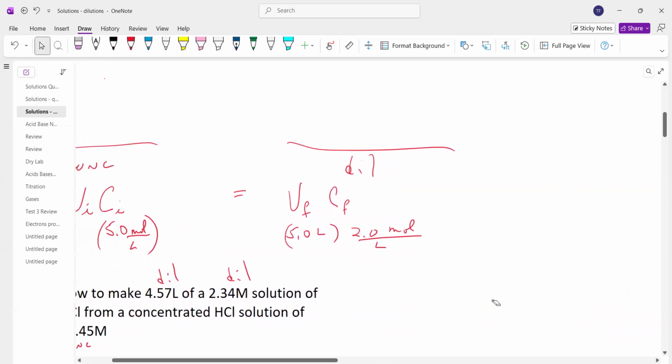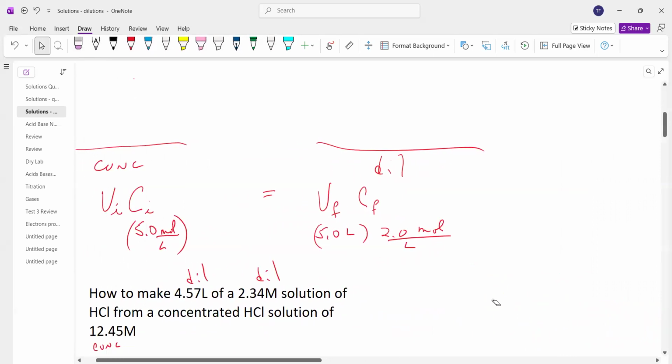Okay, so we just set up a simple algebraic relationship. Now the initial volume is how much we take of the concentrated stuff and put in the diluted stuff. That's what V sub I is.